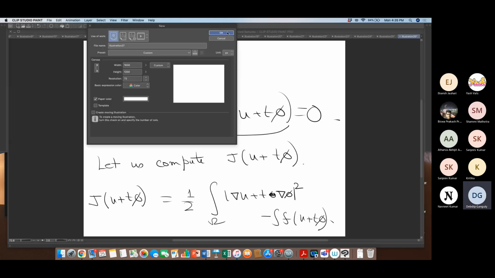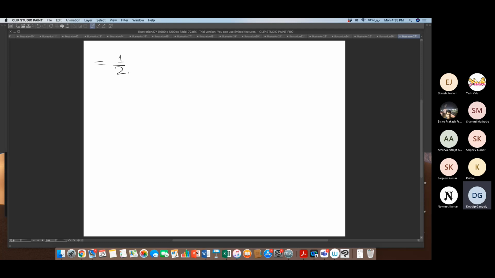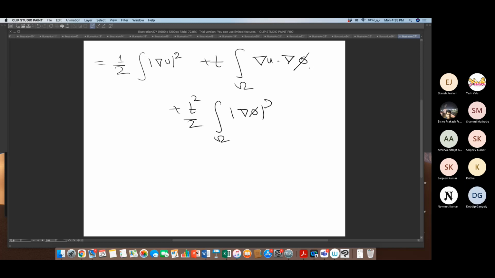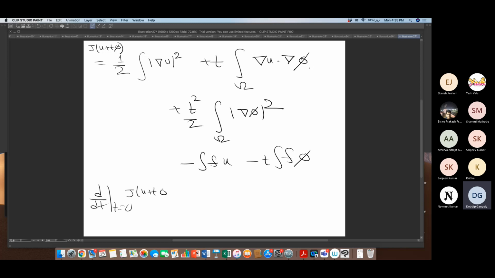If you expand it, you will have this. This is your J of u plus tφ. Now you tell me what will be d/dt at t equal to 0 of J(u + tφ).